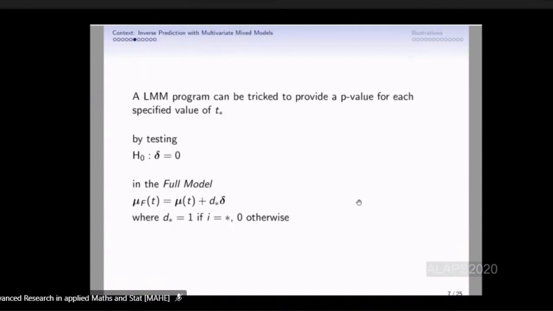Any such program can be tricked to get a p-value for each specified value of T star by testing a particular linear hypothesis in terms of a parameter vector, which I'll denote as delta. All this is augmenting the model for the mean vector with a dummy variable times this vector delta.